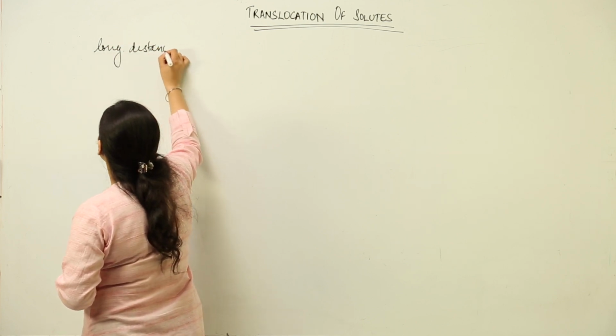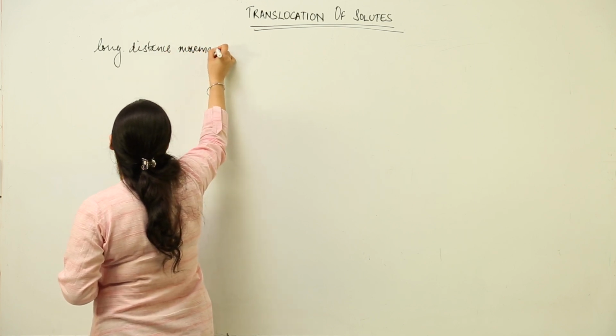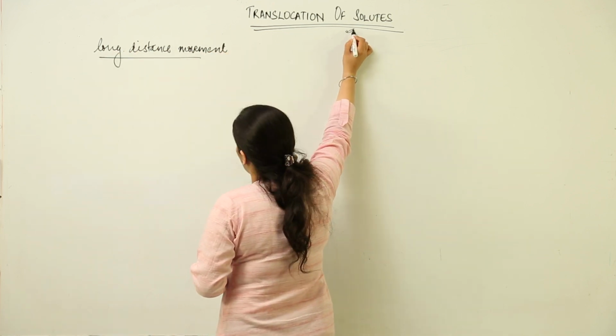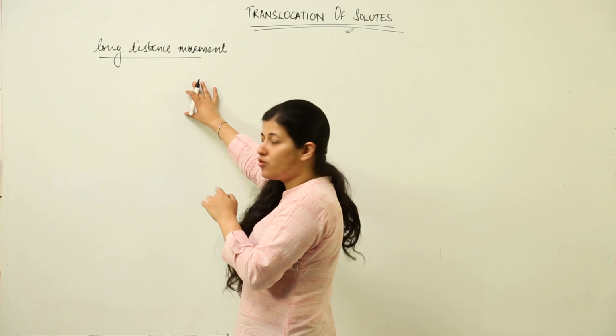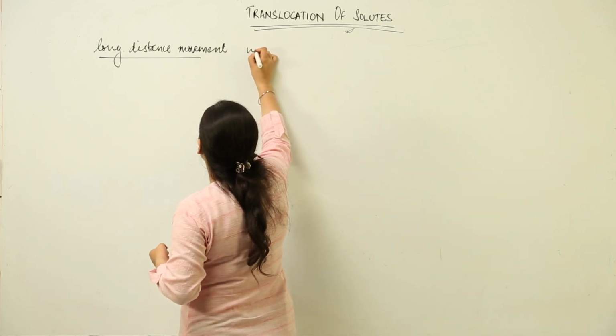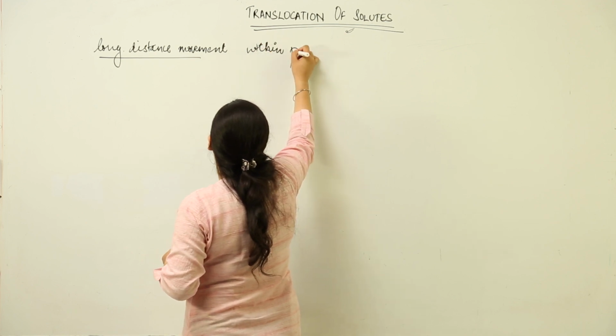Now, as we have the topic which deals with the transport of solutes, we are dealing with long distance movement of the solutes, or you can say sap, within the phloem over here. Okay.